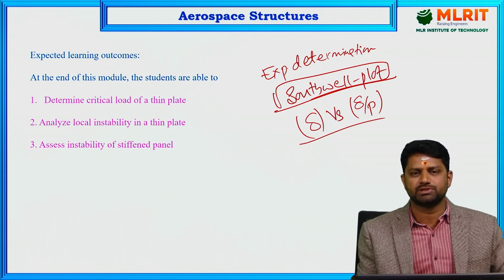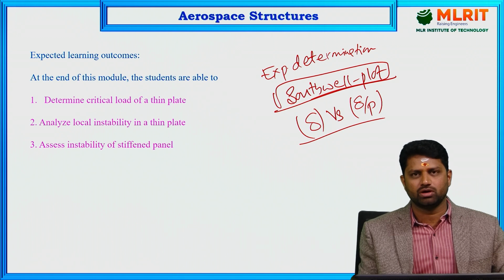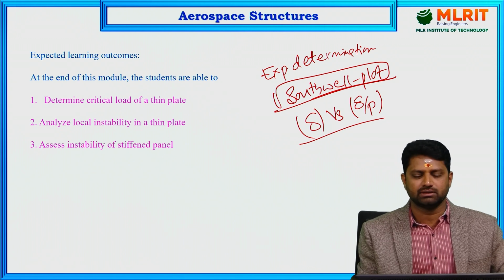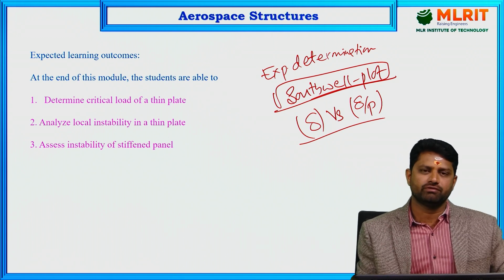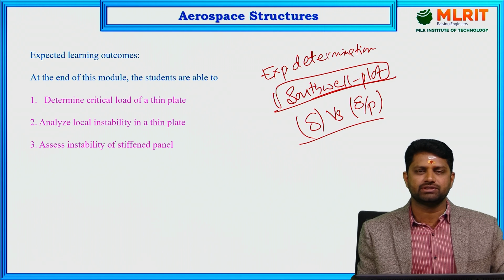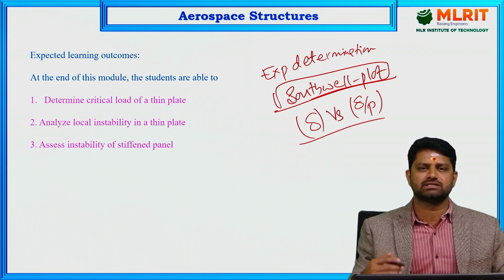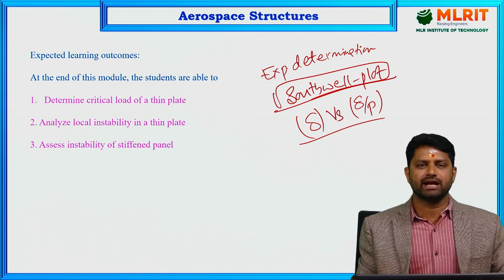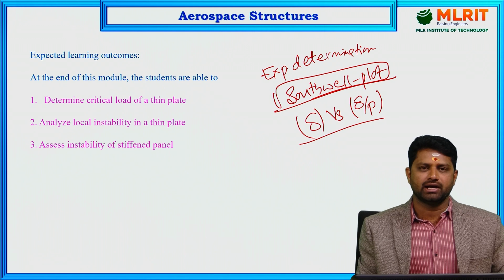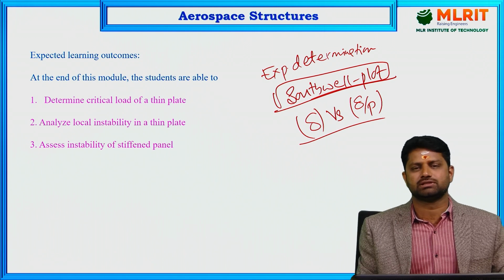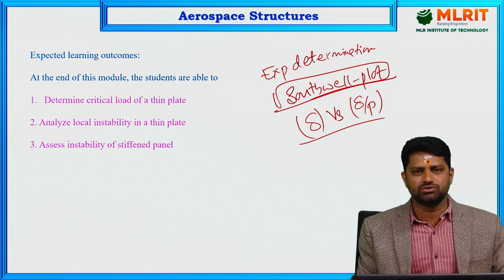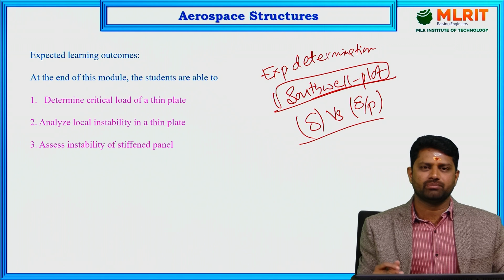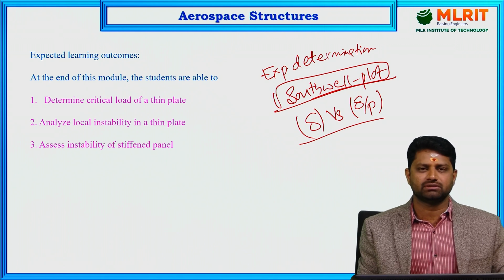So in the aerospace structures lab, you got columns with different end supports and end conditions, like both ends hinged, both ends fixed, one end fixed and the other end hinged, or one end fixed and the other end free. With these different end conditions, you increase the load gradually and observe the column take a deflection pattern.